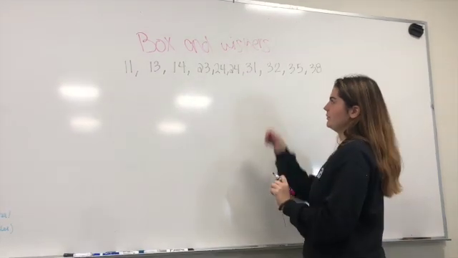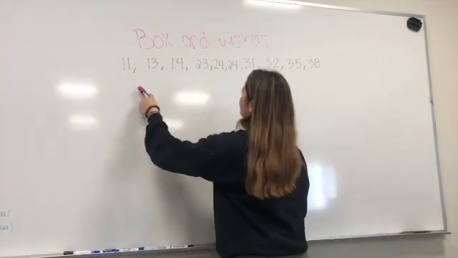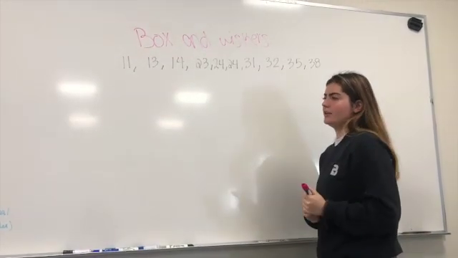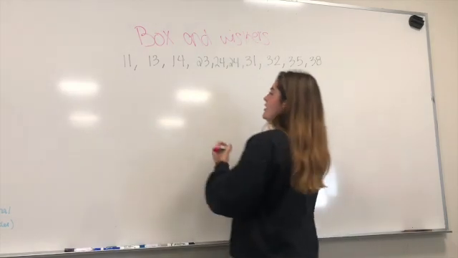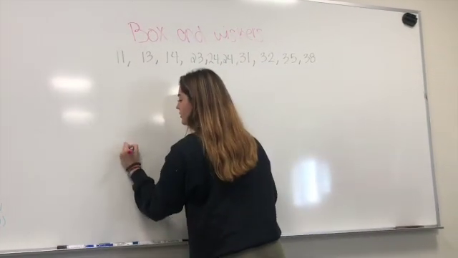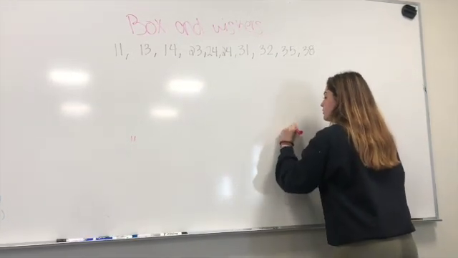So today we're going to learn about the box and whiskers case. First you need to start by organizing your numbers in order. In this case, they are already organized. Then you need to find the least number, which is 11, and the biggest one, which is 38.